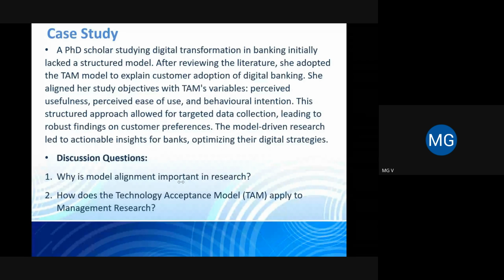This structured approach allowed for targeted data collection, leading to robust findings on customer preferences. The model-driven research led to actionable insights for banks optimizing their digital strategies. Why is model alignment important in research? This is the question. I hope you are able to get the answer through the case.